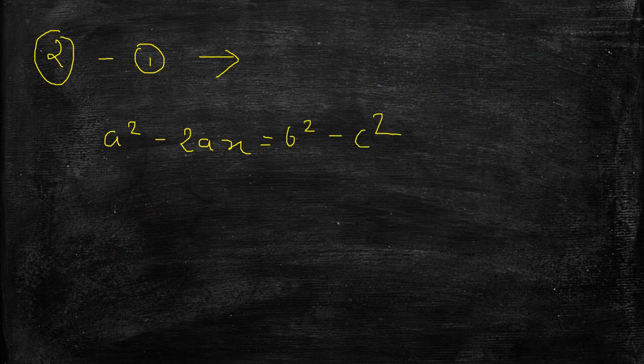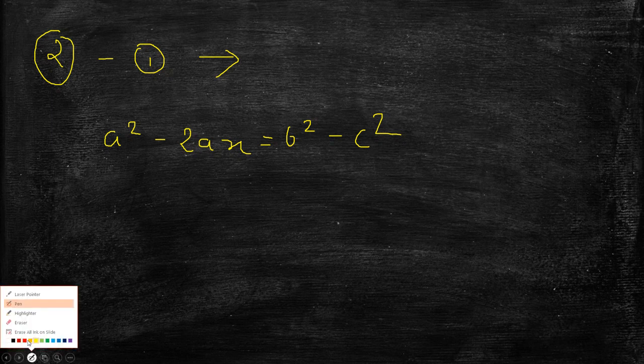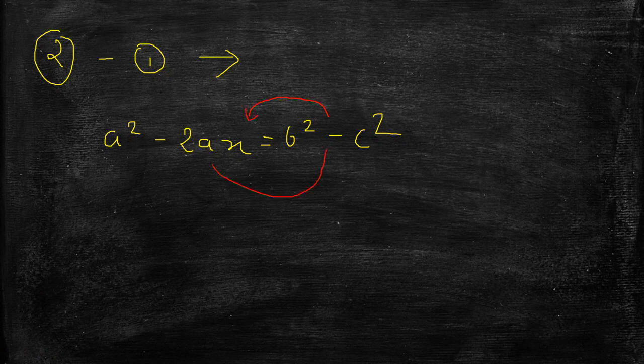Now from here I can transfer this b square minus c square and this 2ax to get a square plus c square minus b square is equal to 2ax.